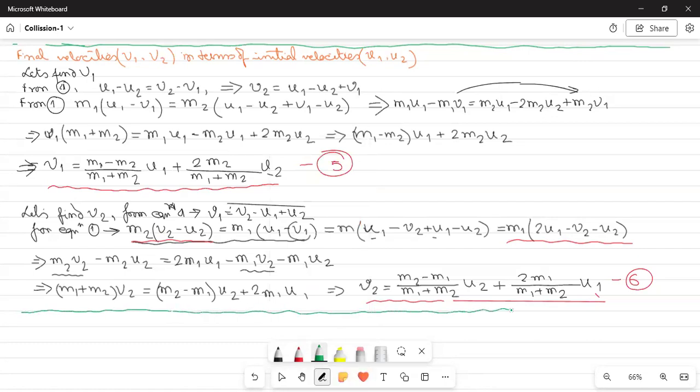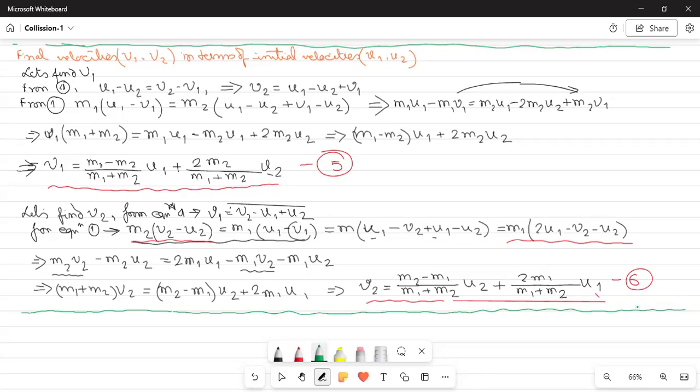You may try to remember how to deduce them for the purpose of theoretical deduction. The final and initial velocities can be more easily found from the equation that we derived earlier, that is, relative velocity before collision is equal to relative velocity after collision.